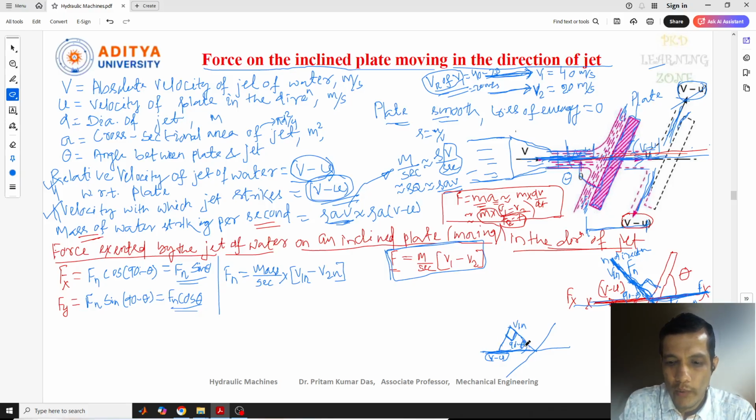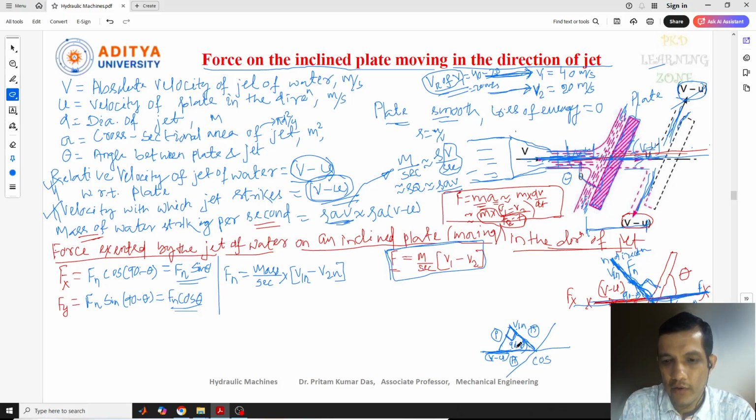Now if you want to calculate the value of this one, because I need to find out this value actually, this is V1n. To find it, we can write here, this is our base, and the side opposite the right angle we can take as the hypotenuse, and this is our perpendicular. So for this diagram, I can write cos theta.